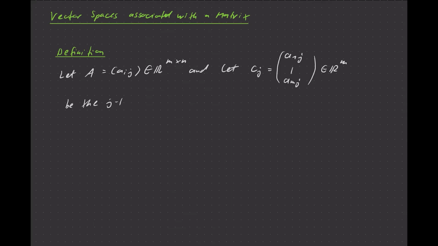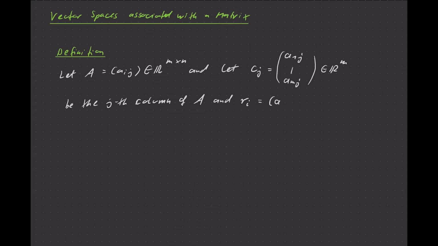Be the jth. Oh, sorry, it's the jth column, of course, not the jth row. That was a mistake. The jth column of A. And similarly, we'll have the ith row of A, to differentiate that properly.